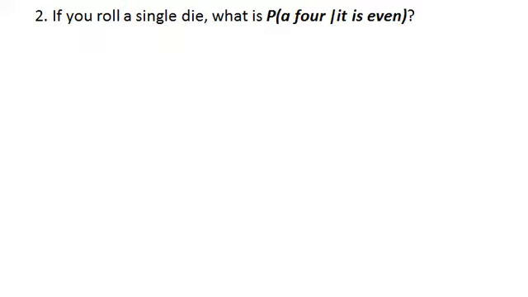If you roll a single die, what is the probability that you roll a 4 given that it is even? Now keep in mind that the sample space for rolling a single die is 1, 2, 3, 4, 5, or 6.